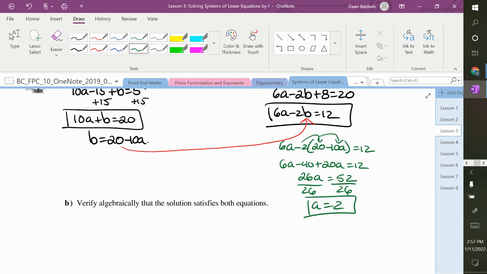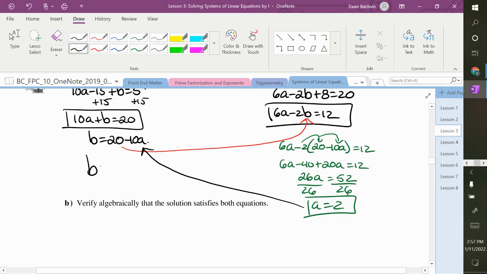So where does that go to solve for b now? Back to there. So what does b equal? 0.